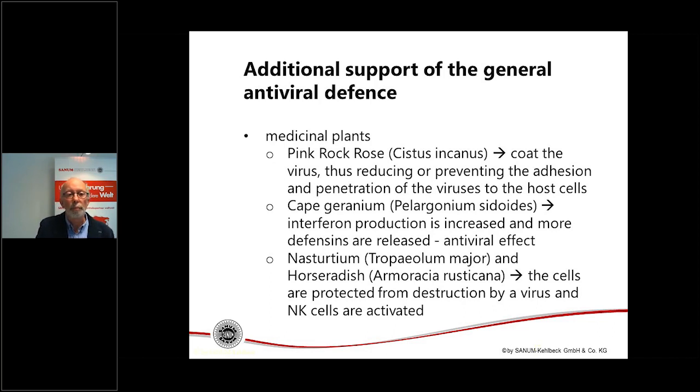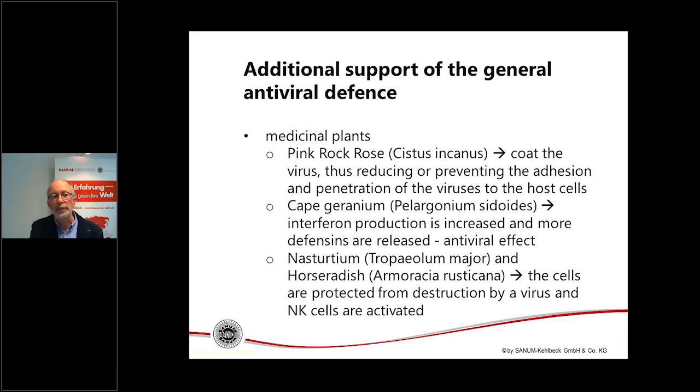Nasturtium, Tropaeolum majus, and horseradish, Armoracia rusticana. Nasturtium originally comes from South Central America, but is now found worldwide in the temperate zone. The leaves and flowers are used. Horseradish belongs to the cruciferous family.